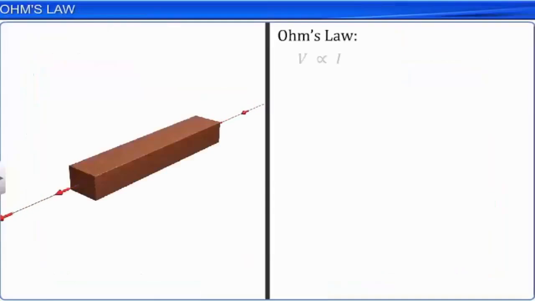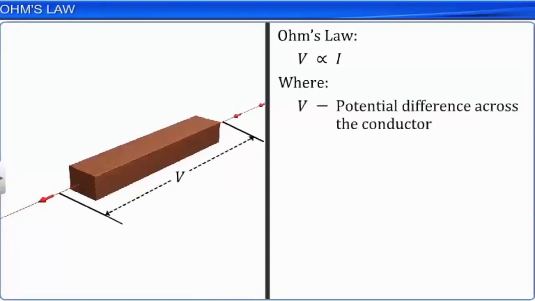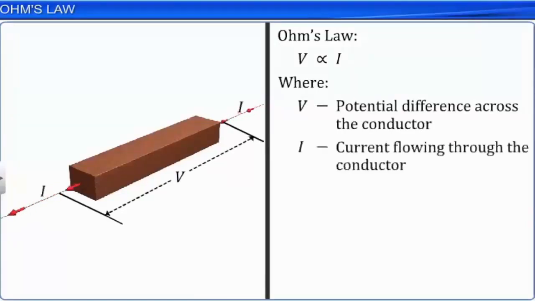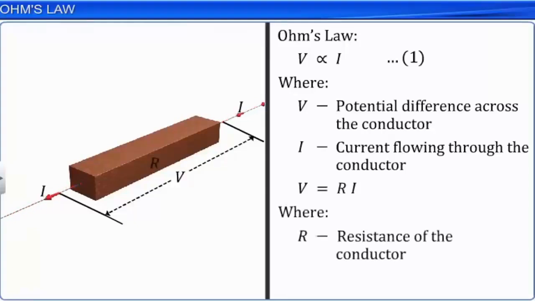Ohm's law states that V is proportional to I, where V is the potential difference across the conductor and I is the current flowing through the conductor. Let this be equation 1. To replace the proportionality sign by equality, we introduce a constant and write equation 1 as V is equal to RI, where R is the constant of proportionality and is called the electrical resistance of the conductor.